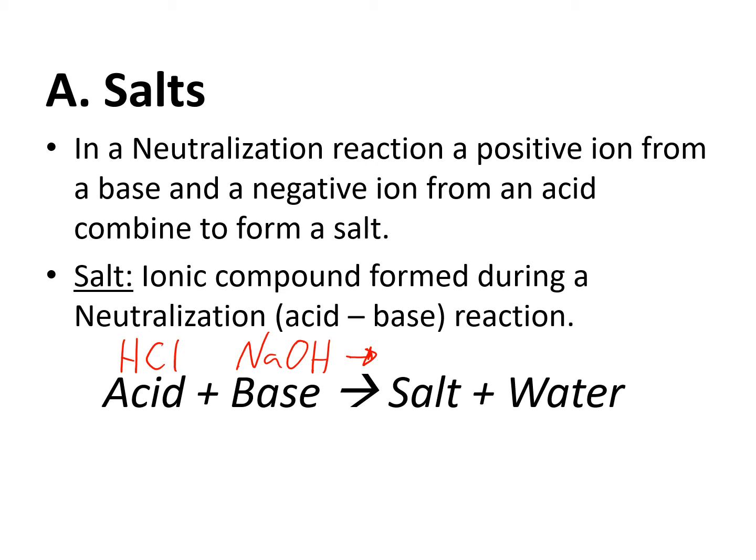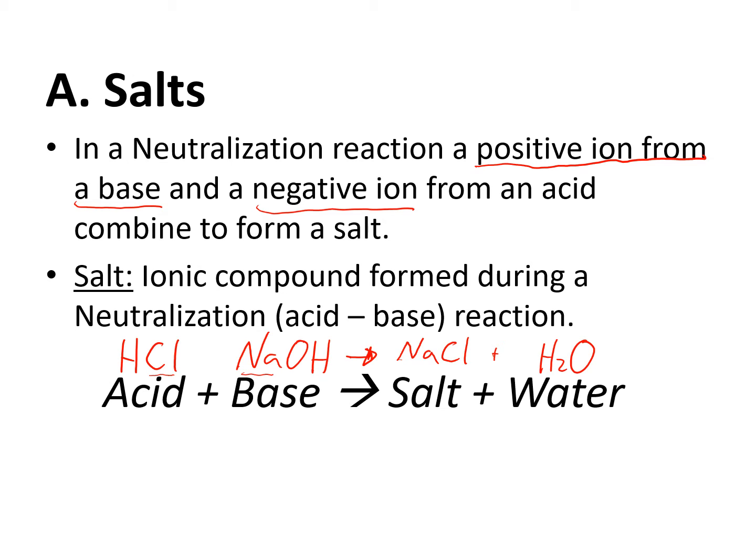Again, it is the positive ion from a base, in other words Na, and the negative ion from the acid. Cl is the negative ion, so it'll be NaCl, and then water, which is just H2O. So this is salt, NaCl.